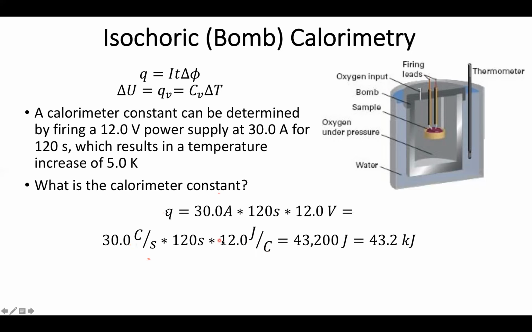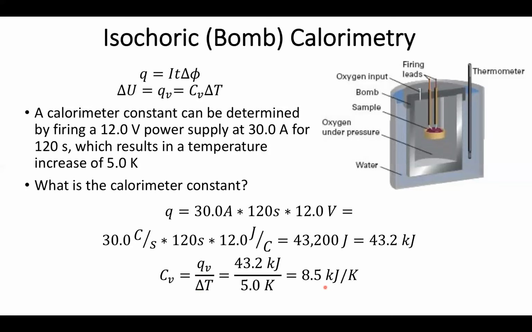So by doing these quick unit conversions, I can figure out that my ignition source released about 43,000 joules, or 43 kilojoules worth of energy. I can then translate this to the calorimeter constant simply by dividing the amount of heat produced by the change in temperature. So I end up with a calorimeter constant of 8.5 kilojoules per Kelvin.